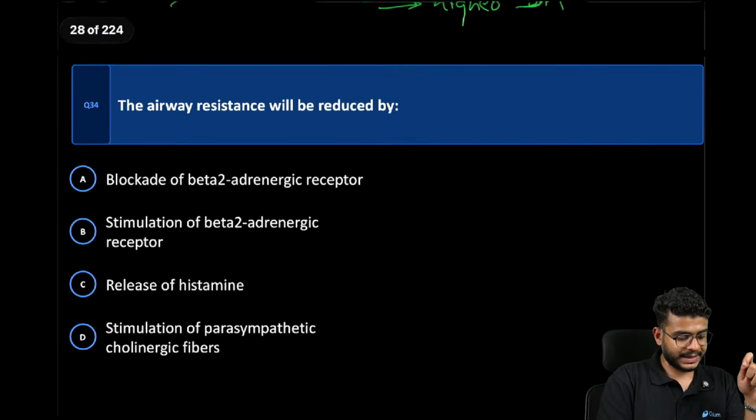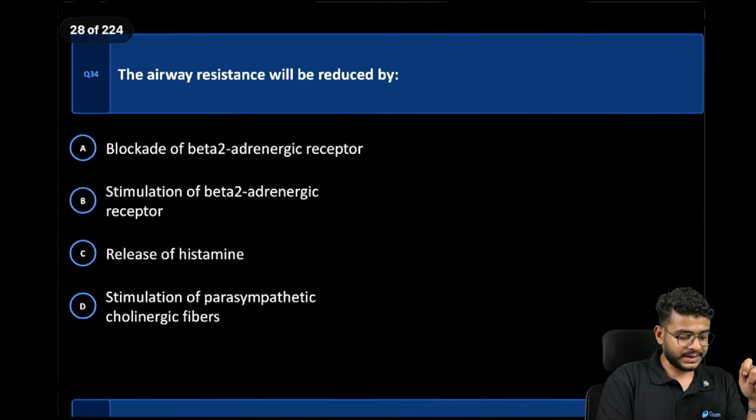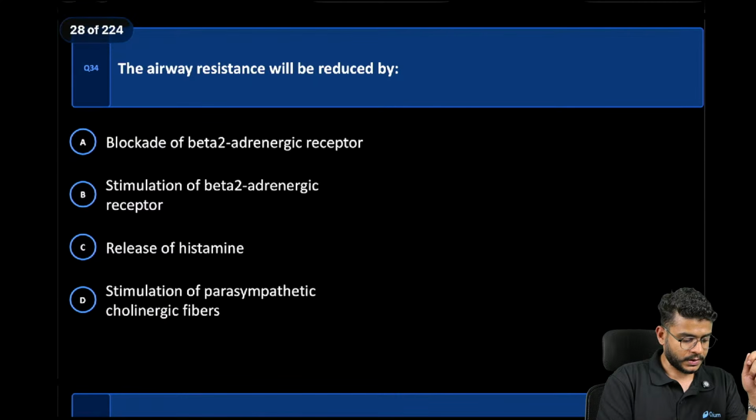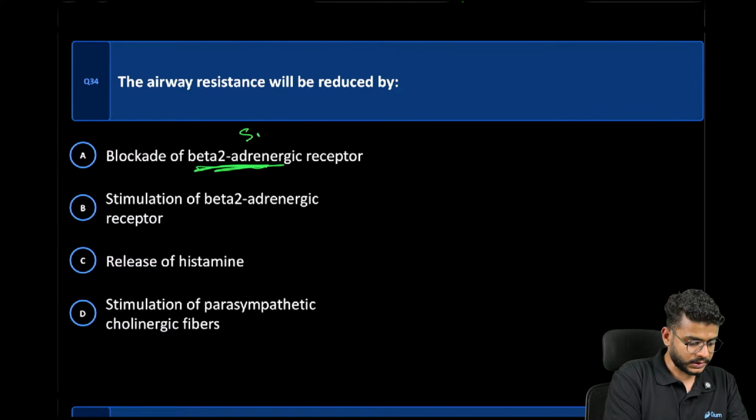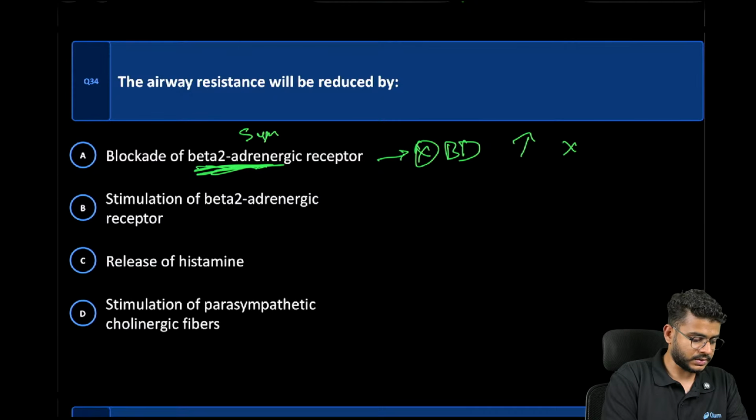Next question: the airway resistance will be reduced by... We have already discussed the sympathetic, the parasympathetic, histamine and all. Blockade of beta 2 adrenergic, which is sympathetic, blocks bronchodilation, so the airway resistance will be increased. So this is not the answer.